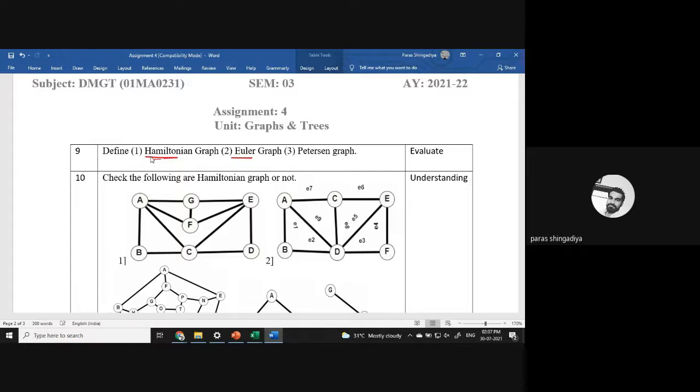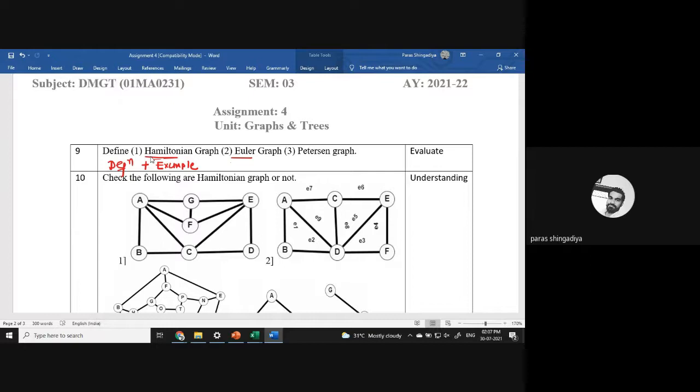So in the first and second, we have to mention the definition of Hamiltonian, and then with it an example, we have to draw one graph which is a Hamiltonian graph, and then mention the Hamiltonian circuit. Same for the second one: write a definition of Euler graph, when we say any graph is Euler, and then draw one graph. So for the first and second, we have to write the definition plus one example.